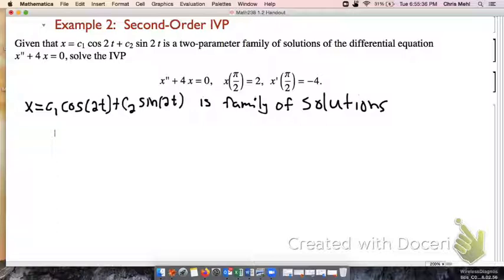You would find the antiderivative regardless before you find the constant of integration. Same thing here: when we solve differential equations, you're going to find the family of solutions first and then need conditions to find those constants. When we get there, we'll actually learn the method for finding the family of solutions. So here we're just assuming we have that.